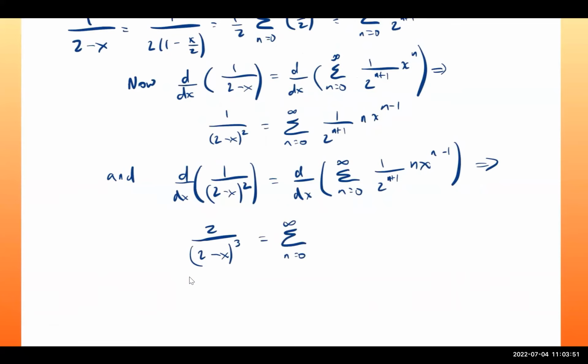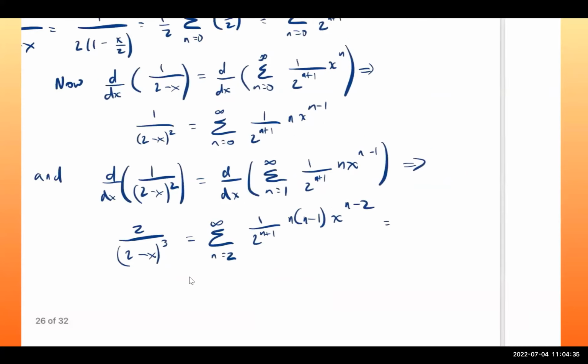And actually this is a little tricky here. It's a minor thing, but if you plug in 0 for n, it's going to be 0. So what they do is they change this index to be 1 instead of 0, because that 0 term doesn't do anything.